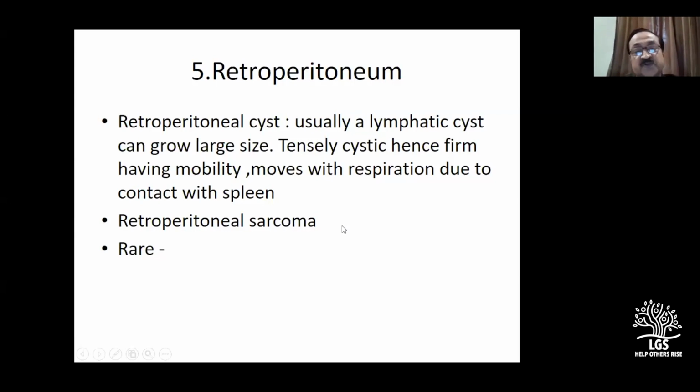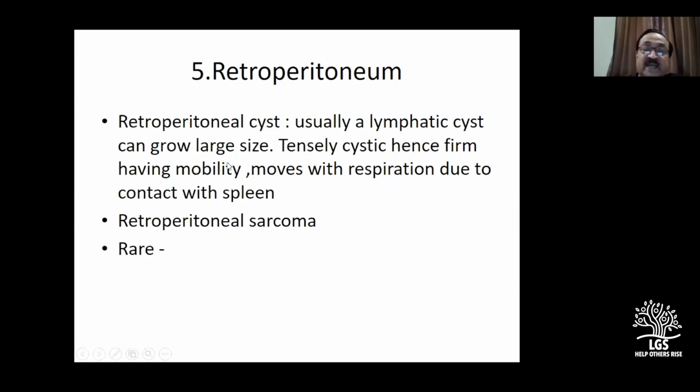Once you say retroperitoneum, if you have a young patient, think of a retroperitoneal cyst. Your patient is a 20-year-old girl or boy who comes with a left hypochondrium mass. When I say left hypochondrium here, it may also go into the epigastrium, or into the renal area.